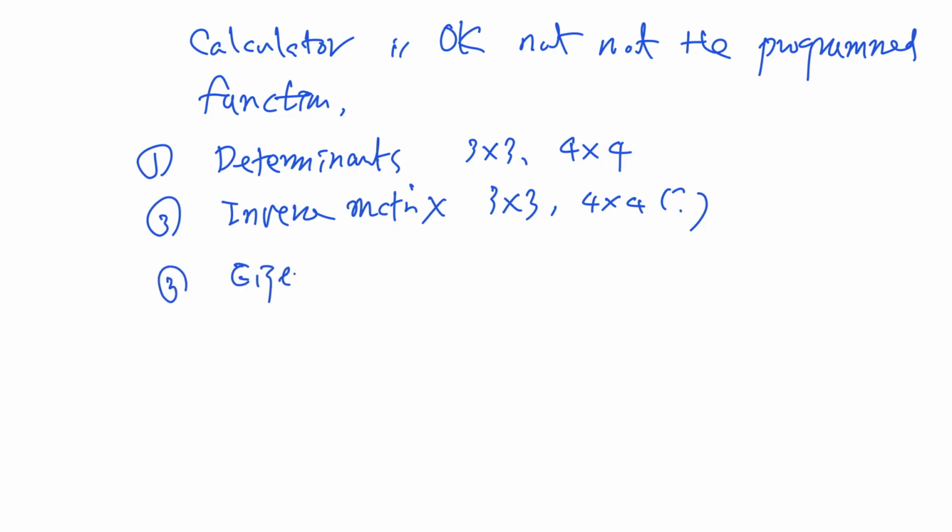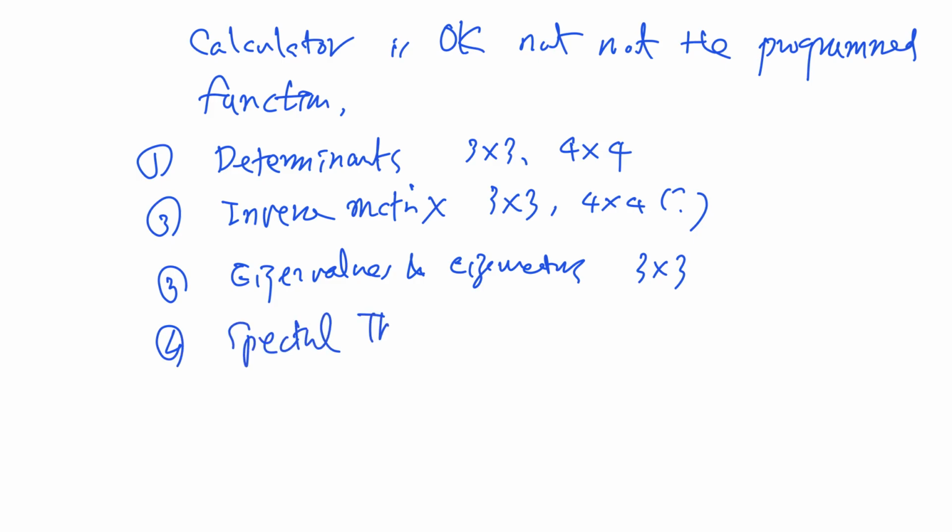Eigenvalue problem, right? Eigenvectors. Maybe 3 by 3. Spectral theorem. So you use the spectral theorem to calculate A to the 5?